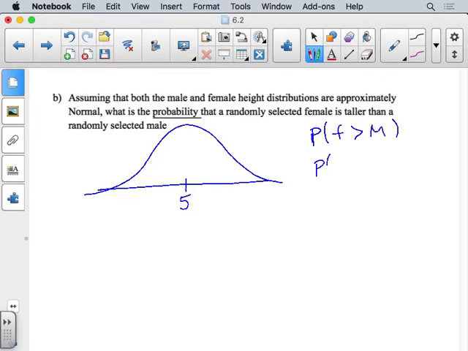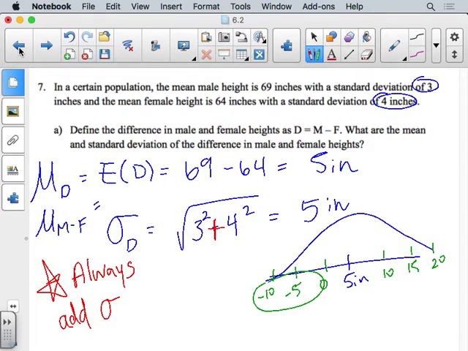That's like saying event D is less than 0, because event D was males minus females, I think. I drew this little picture kind of on accident, but I guess I was thinking about it.